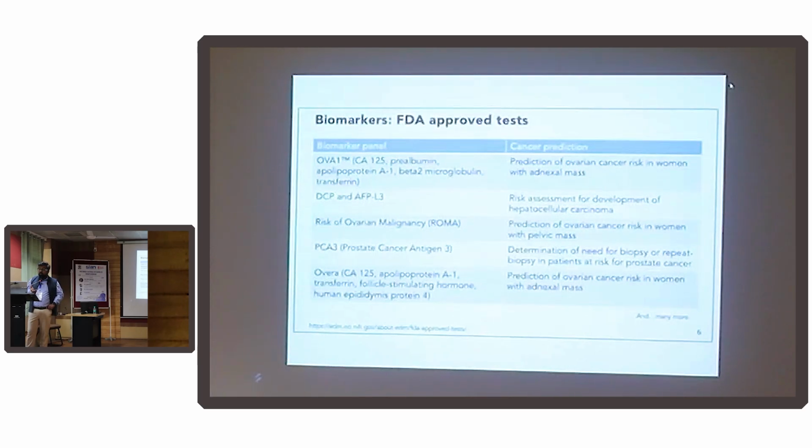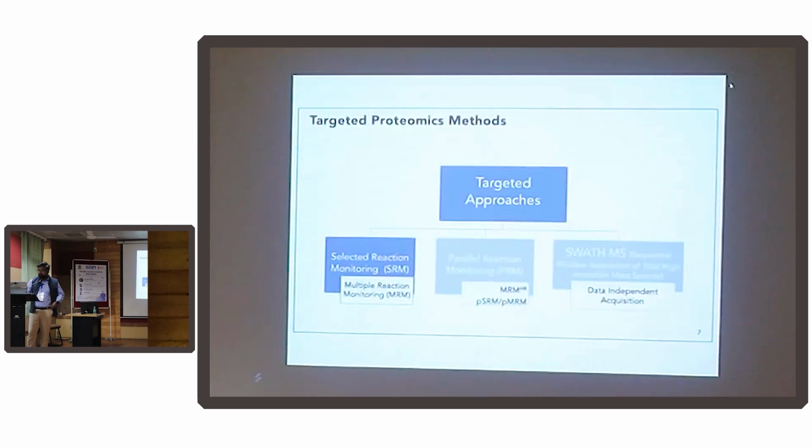You have ROMA, you have PCA3, you have Overa. All these are FDA approved protein biomarkers that you can look into. And the goal of doing science, especially with respect to biology and medicine, is finding more such biomarkers, taking them to the market, making your research more translational.